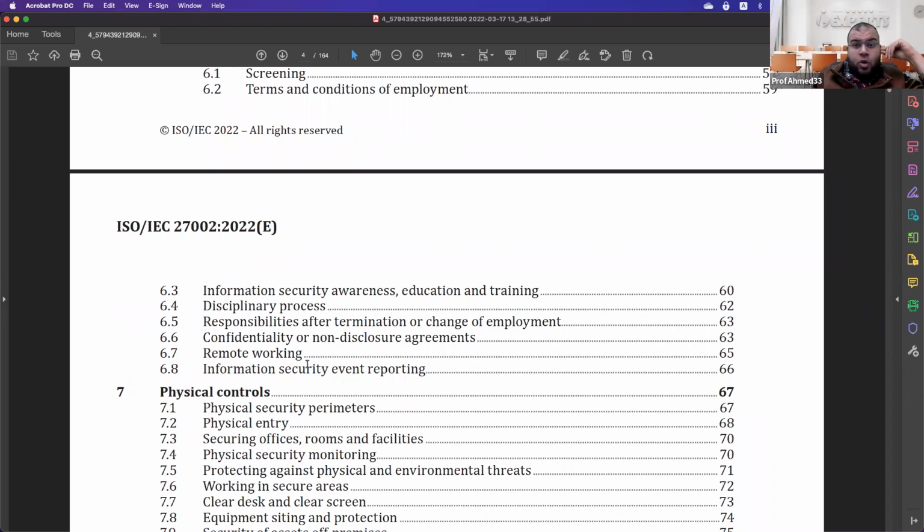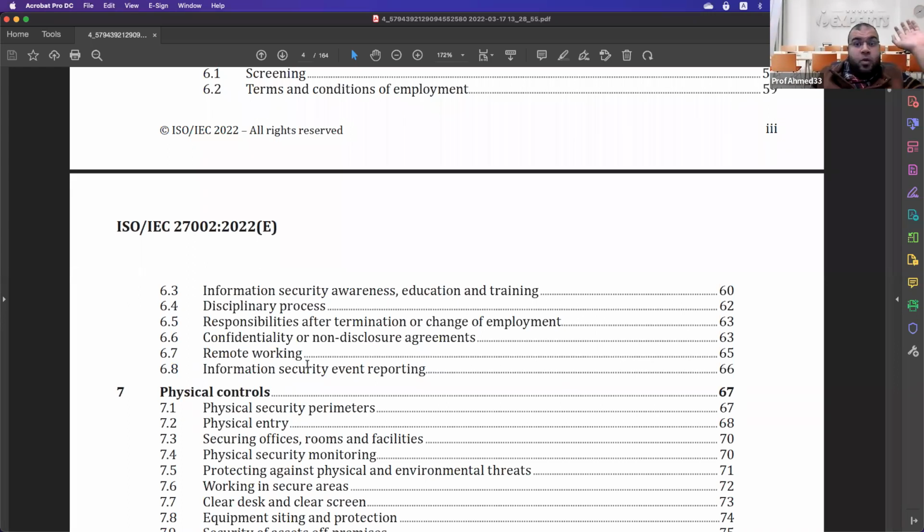Responsibilities after termination or a change of employment, confidentiality or non-disclosure agreement. Remote working, which after the pandemic became the default, everybody working from home. Information security event reporting. Fine, so these are good controls for people.